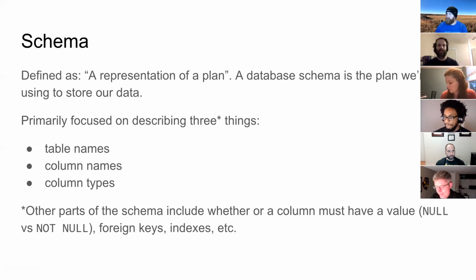So there's characters, there's strings, and there's actually different kinds of strings. Then you can specify the maximum number of characters in a string. There are basically floats. You can have decimals, you can have integers, you can have dates, different kinds of dates.